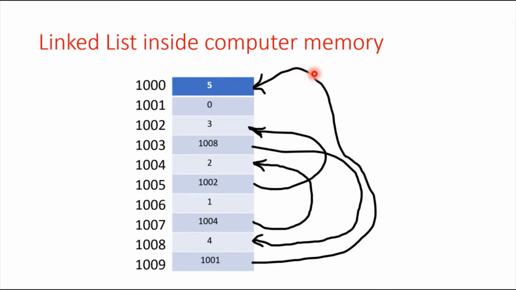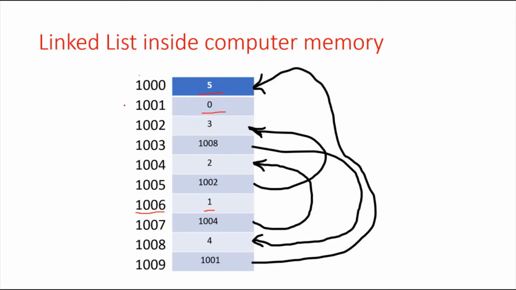Linked list inside computer memory. Now I will show you how the elements of a linked list are stored in computer memory. Each node of the list has two parts. First is the data element and another is the address of the next element. Now here we have the first element, that is 1, and it is located at memory 1006.